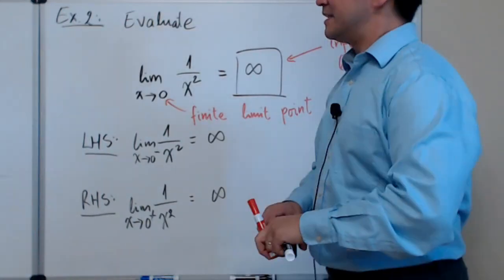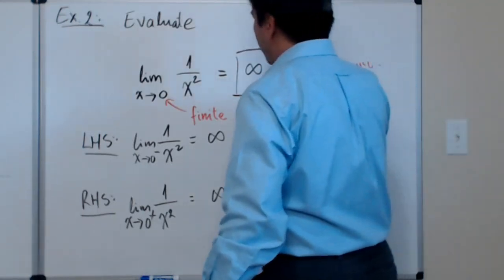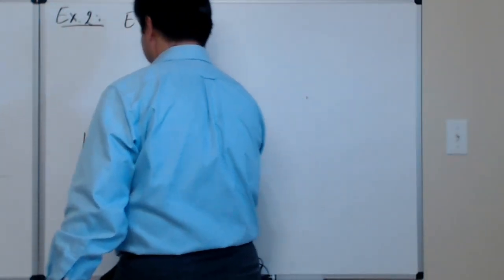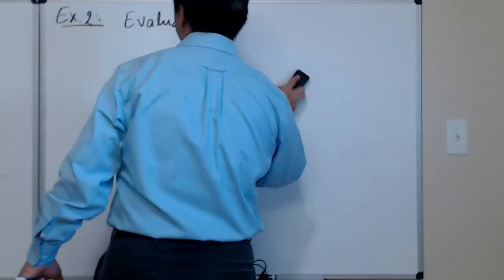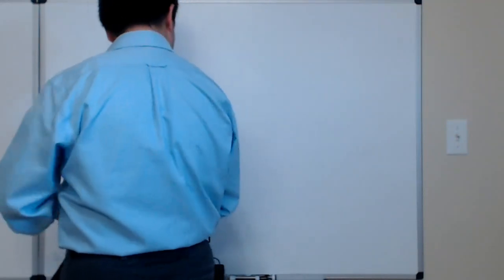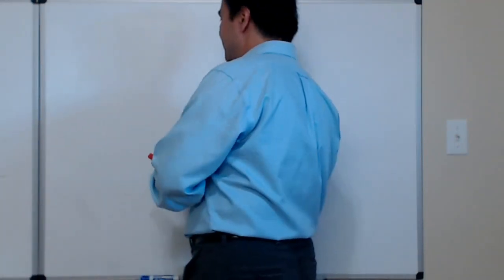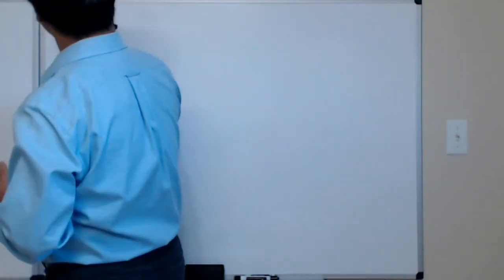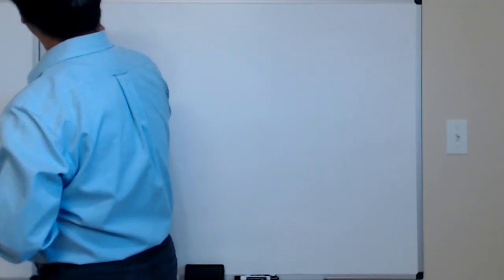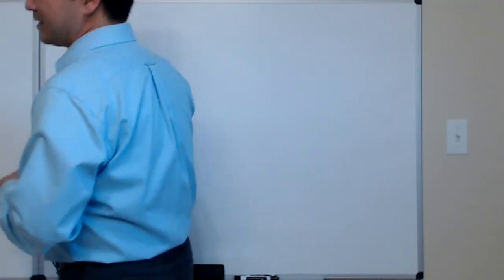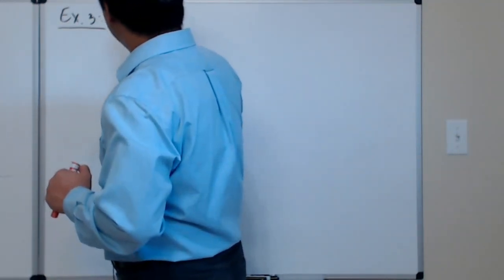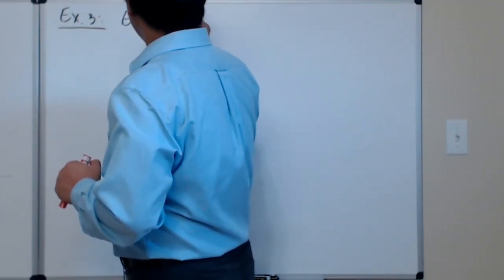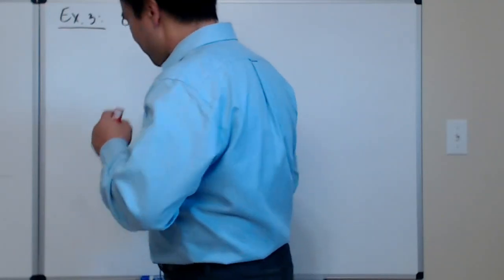All right, and now let me erase all that work here, and let's look at our example 3, another example. Once again, we are evaluating limits. We're going to keep investigating more and more limit problems.